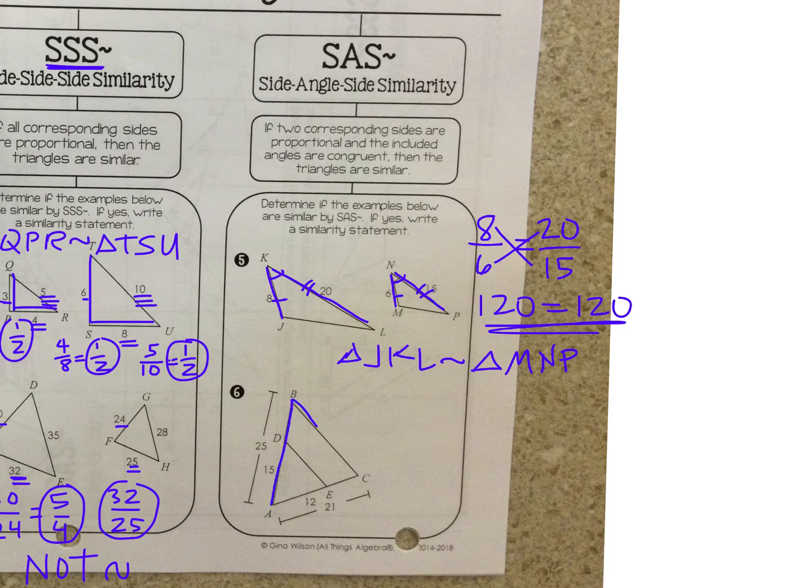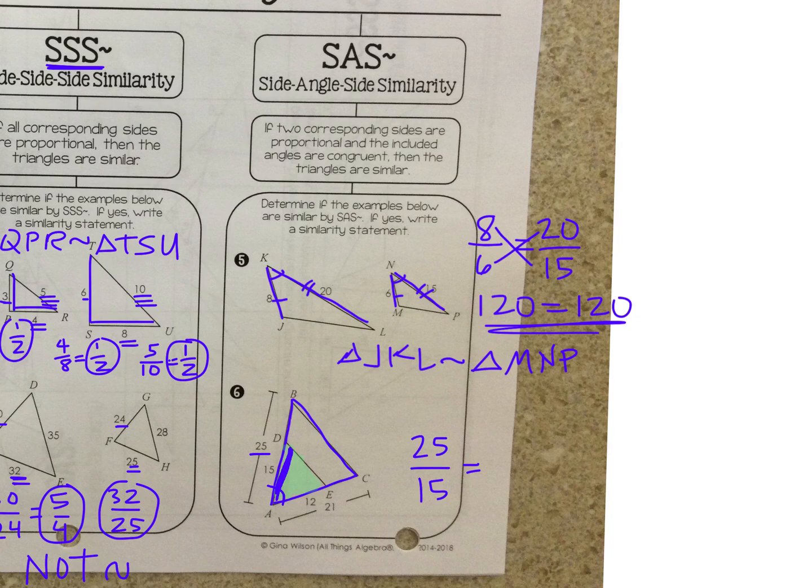All right, let's do the same thing in the next one. So we have a big triangle we're dealing with, and then we have this little triangle we're dealing with. So we know their angles are congruent because they both share angle A right there. So the side of the big purple triangle would be 25. The side of the little green triangle right here would be 15.